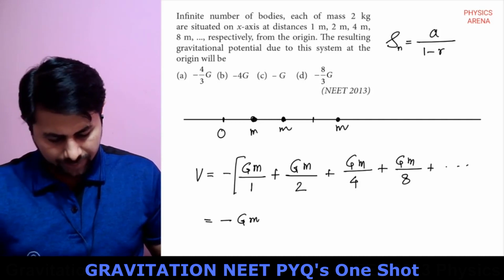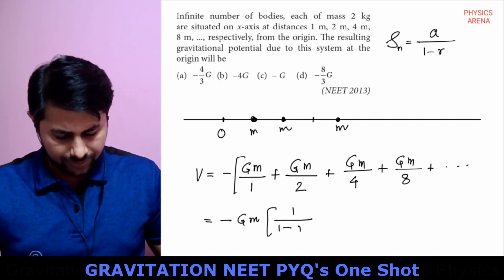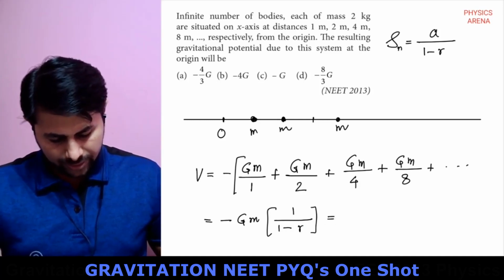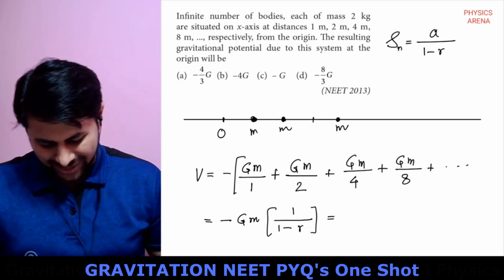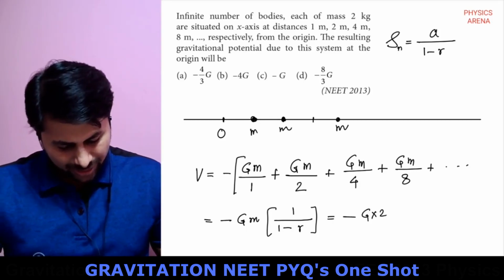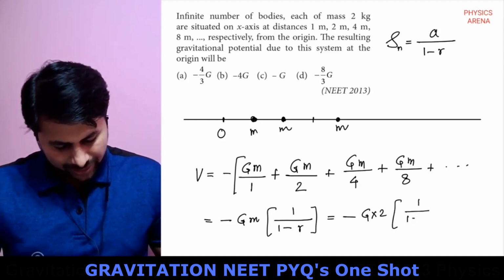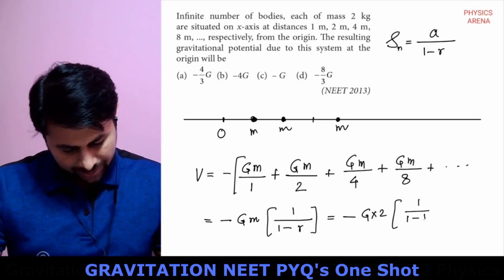Minus of g times m, let me write, multiplied by 1 upon 1 minus r. But this r is the ratio, not distance. So minus gm, or g times 2, multiplied by 1 upon 1 minus half.